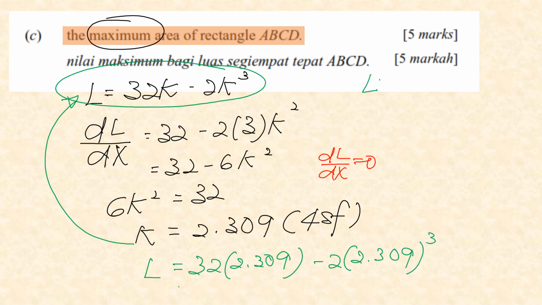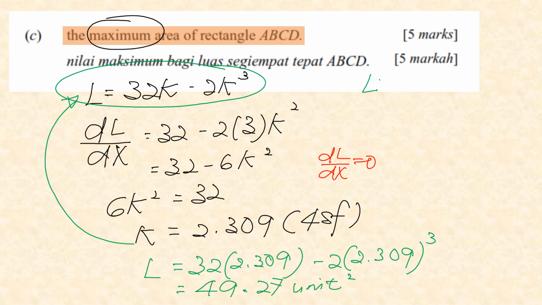So by pressing the calculator, you should get your answer as 49.27 squared units. Right. So that's how you get your answer.